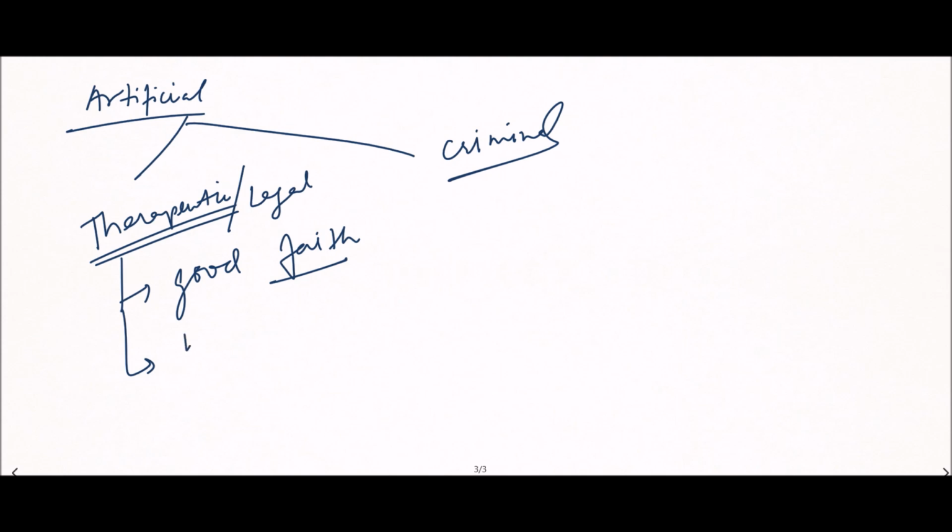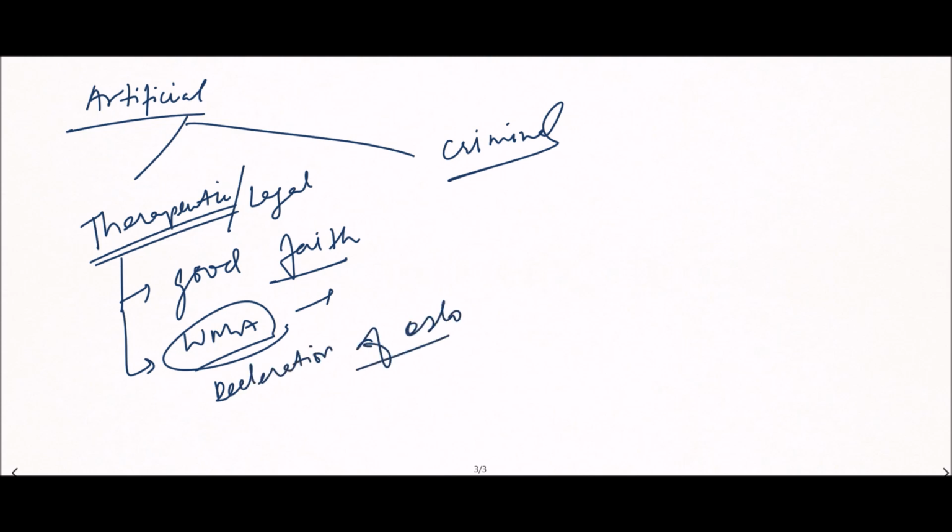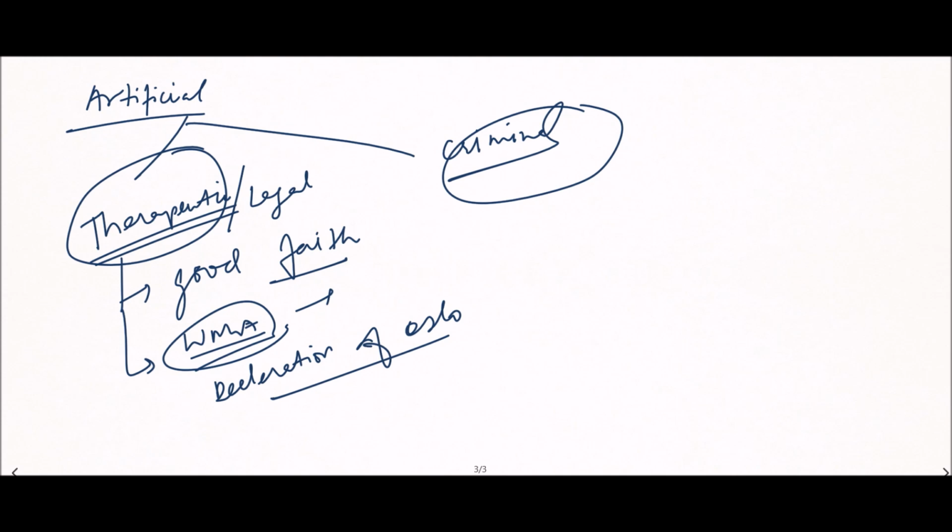And the World Medical Association adopted a resolution on therapeutic abortion, and that is known as Declaration of Oslo. So, Declaration of Oslo is related to therapeutic abortion. That is the resolution adopted by World Medical Association. Now, the second is the criminal abortion.